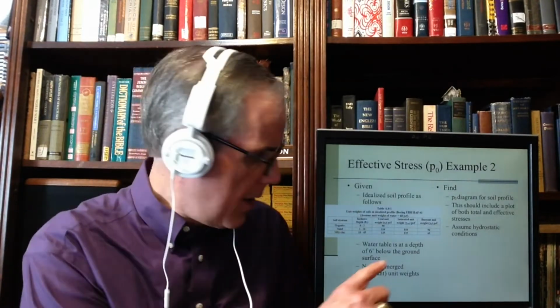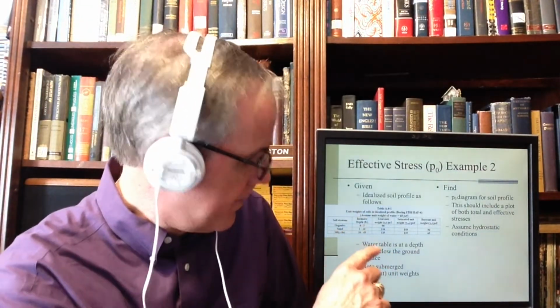The depths, you see the first column right here, are all your depth. And then the column next to it is the total unit weight. Now what they've done in this case is they have created another column saying saturated unit weight and then buoyant weight.